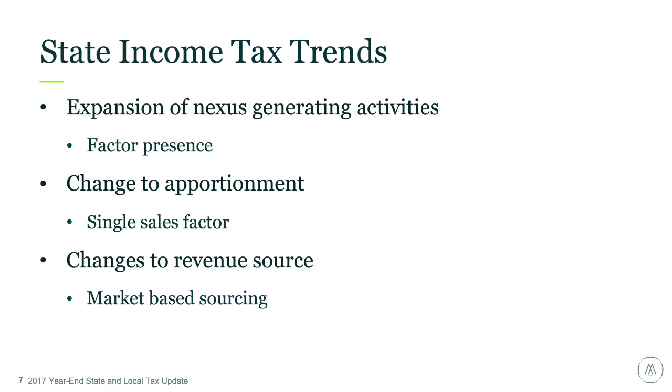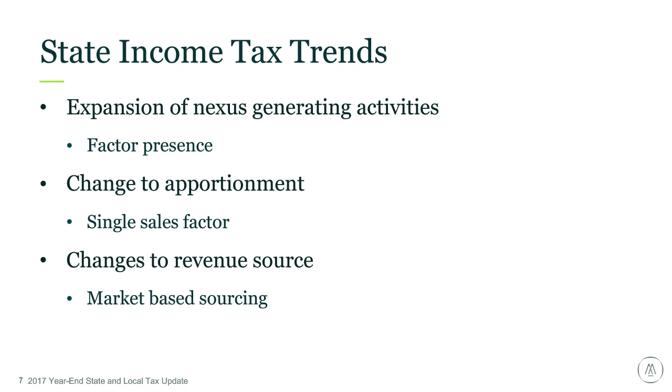Another significant trend involves the way that businesses are required to apportion income in the states. The apportionment rules generally come into effect for multi-state businesses that are doing business in more than one state.